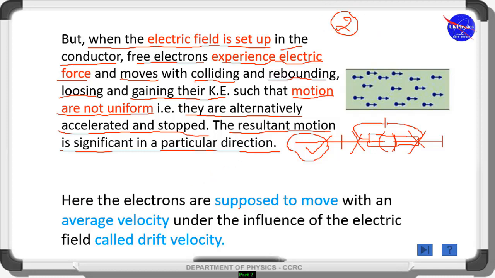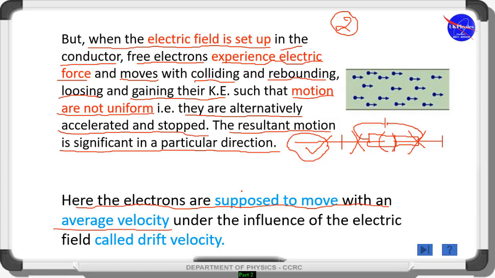So here the electrons are supposed to move with an average velocity. We cannot say anything about the velocity of a single electron inside the metal. It's really difficult, really complex.